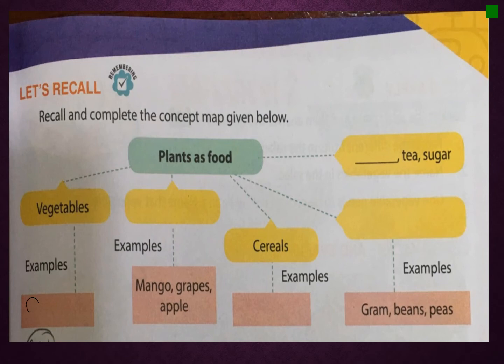I'll write carrot. You can write your own. Then plants as food. Now this place is empty and they have given examples: mango, grapes, apple. So what are they? Mango, grapes and apple are fruits. So fruits here.